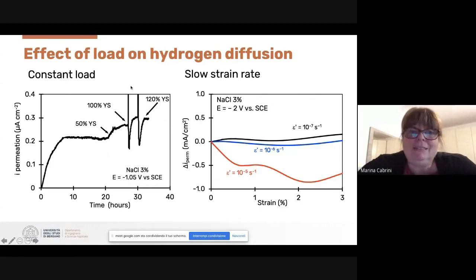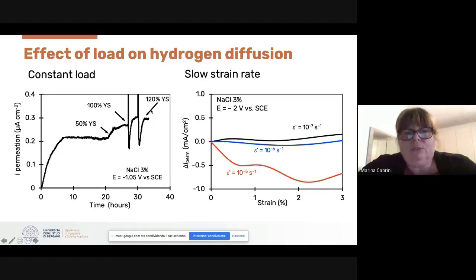But the decrease is observed only when hydrogen is present, not in the experiment that we conducted, which used only the anodic side in order to separate the effect of the anodic passive current from the hydrogen formation current.